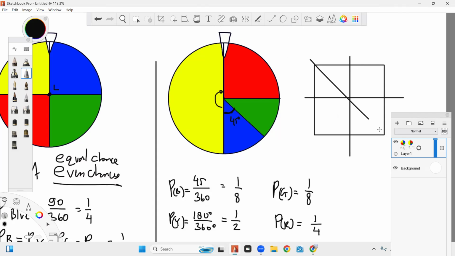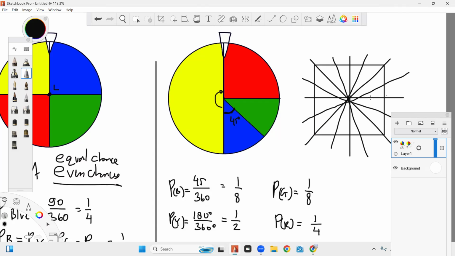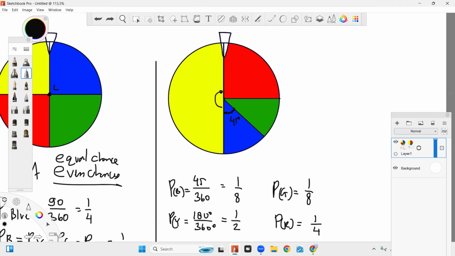Okay, guys, my question is, what is this shaded part fraction? 1 out of 8. Make it more. 1 over 16, yeah. But better use a circle than a square.